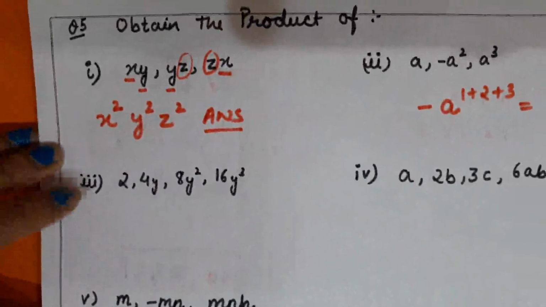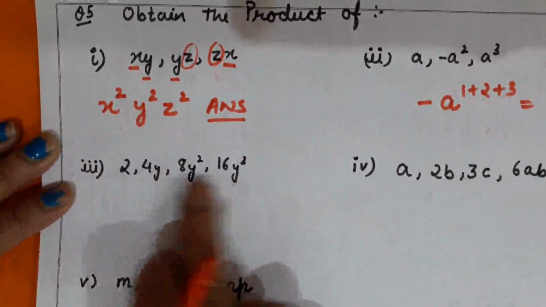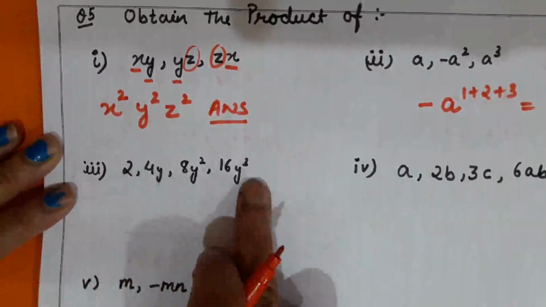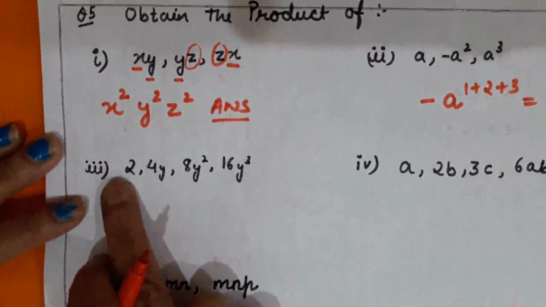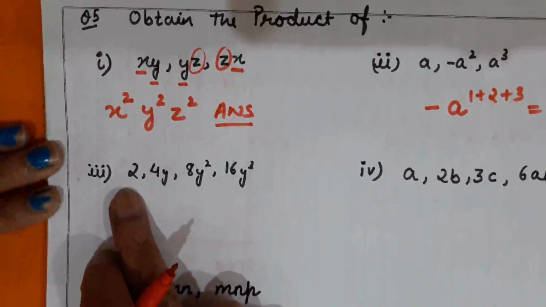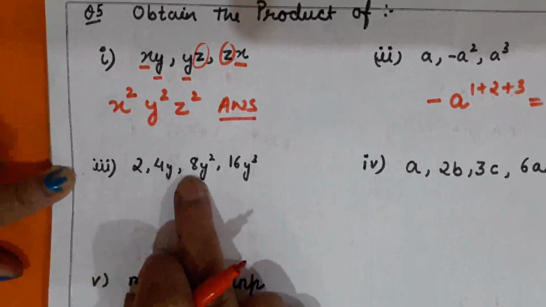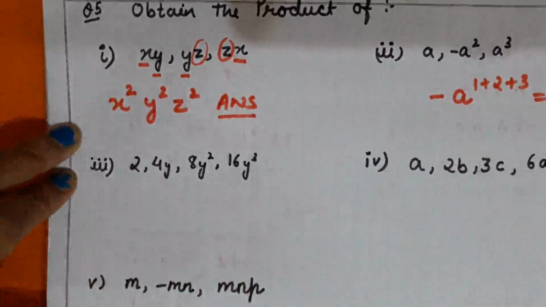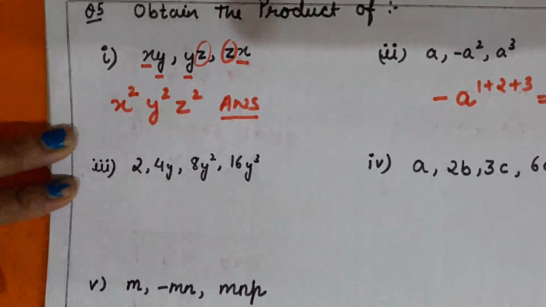Next is third part. 2, 4y, 8y square, 16y cube. Three of them are having the y variable, but in 2 the variable is not there, so not a big issue. We can multiply the numeric values. 2 into 4 is 8, 8 into 8 is 64. 64 into 16 will be 1024.